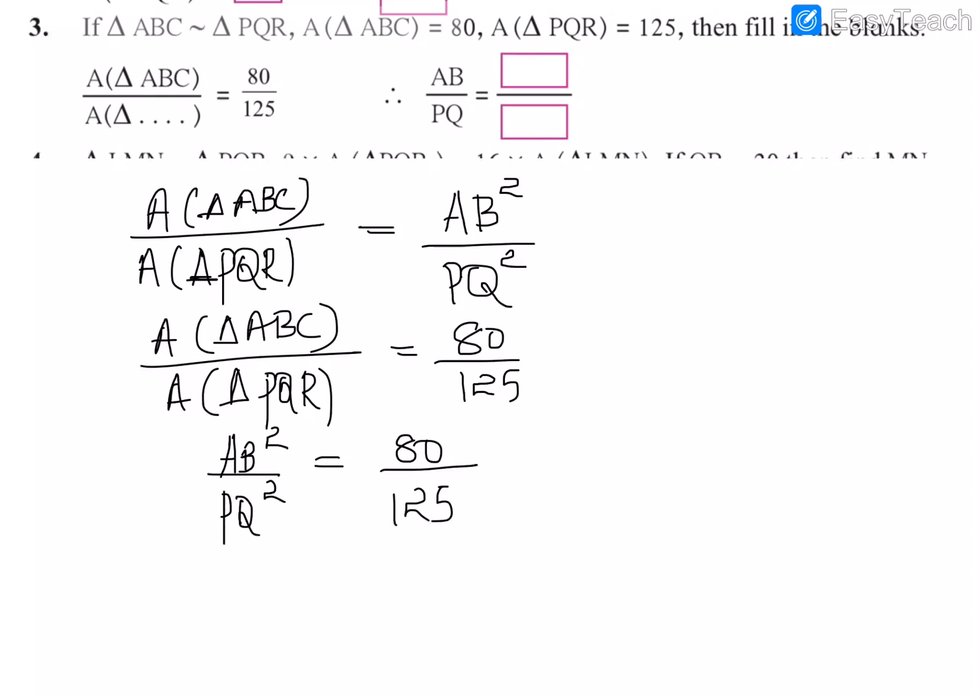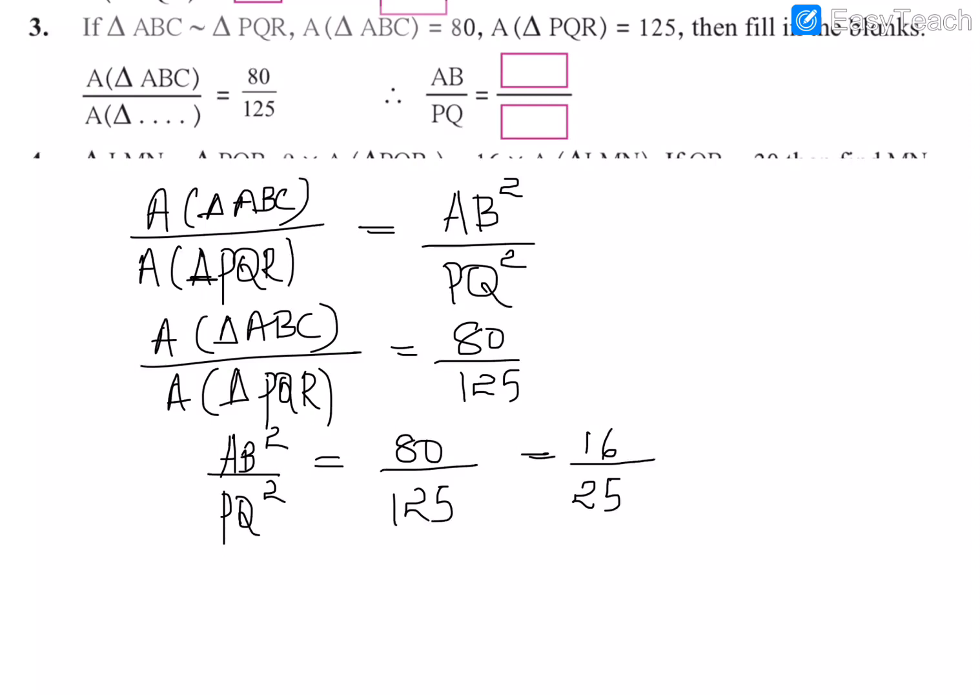In 80 and 125 we cannot take square roots directly. So before taking square roots we can see that 5 is common in both. In 80, 5 will go 16 times, and in 125, 5 will go 25 times. So by simplifying we can write it as 16 by 25.